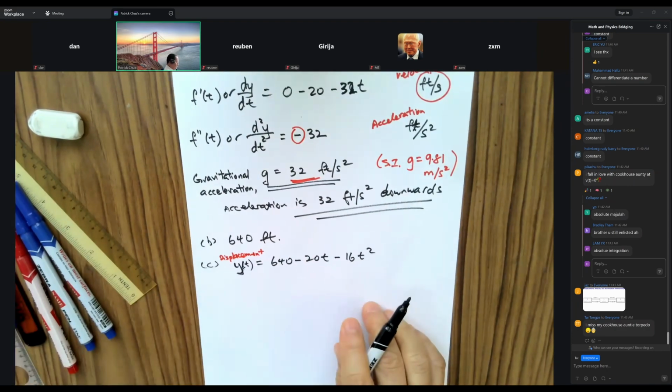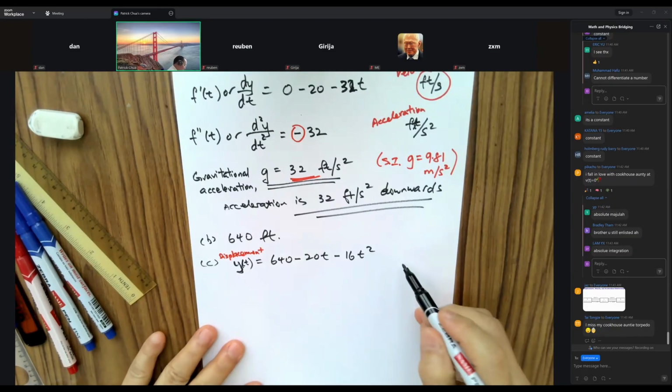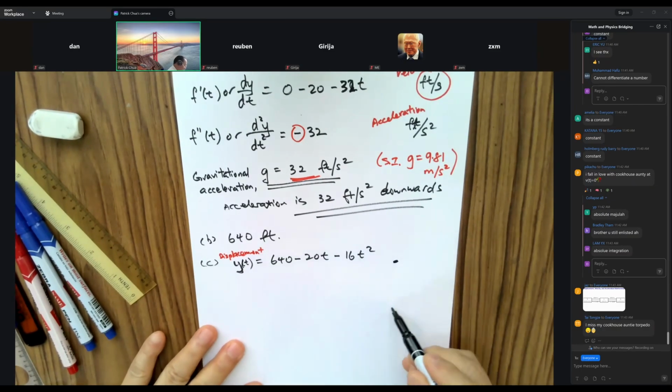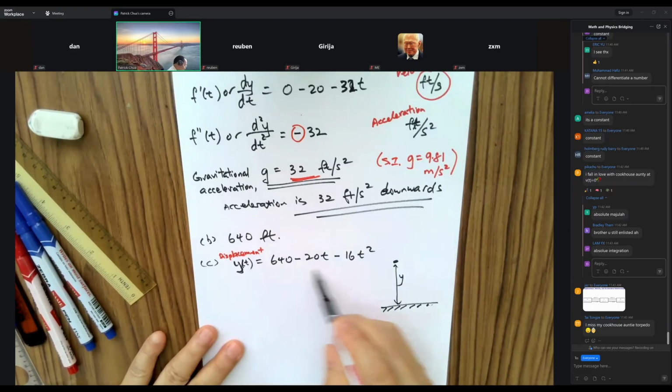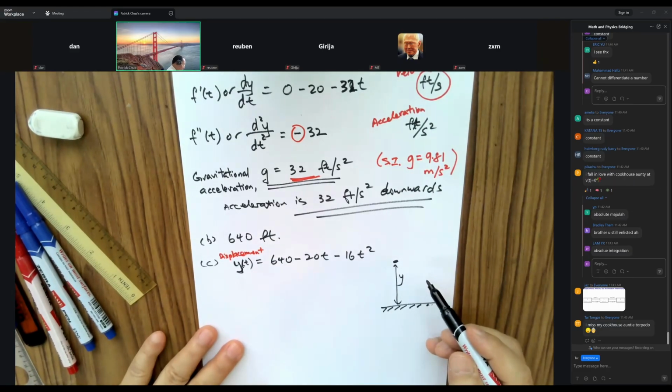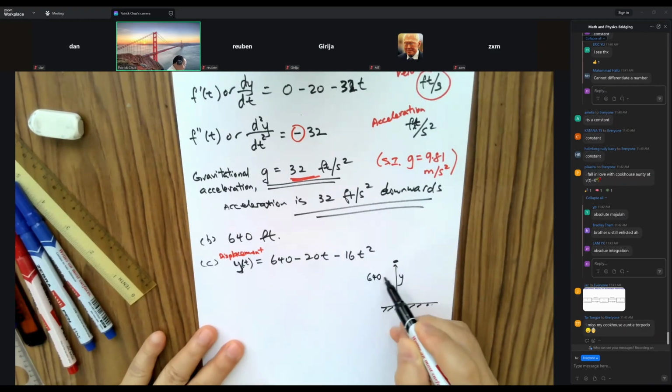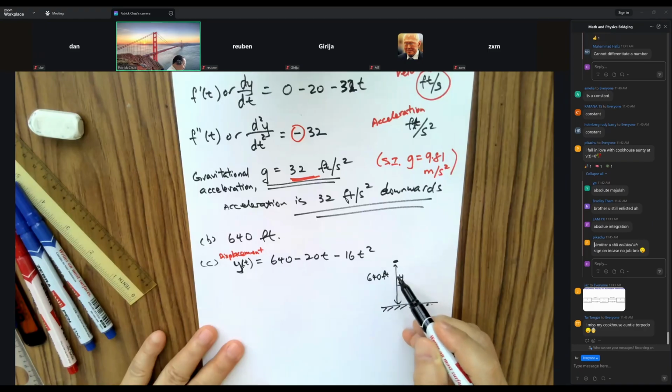So now, this is him, this is the ground, and that is your y, given by this expression here. Your displacement starting from 640 feet becomes less and less, from 640 to 600 to 500 to 400 to 300 to 200 to 100 to 0 when he hits the ground.